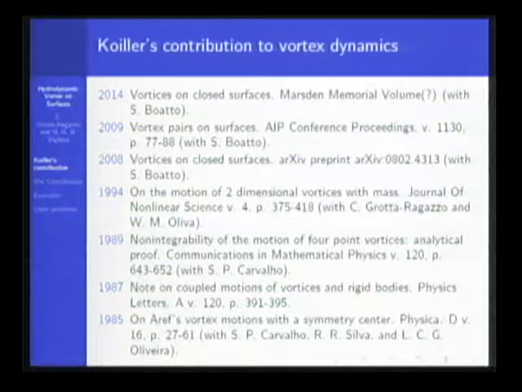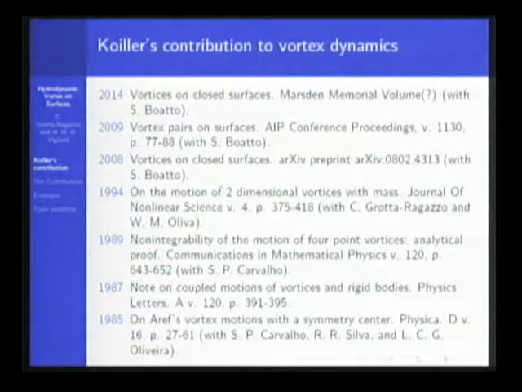You have these first 2 papers that are related to rings of vortex, right? And then you have that one, the rigid body: a cylinder with vortex around it, also studying the dynamics of the system. And then you have this very nice paper from 1989, the non-integrability of 4-point vortices. Very nice paper.